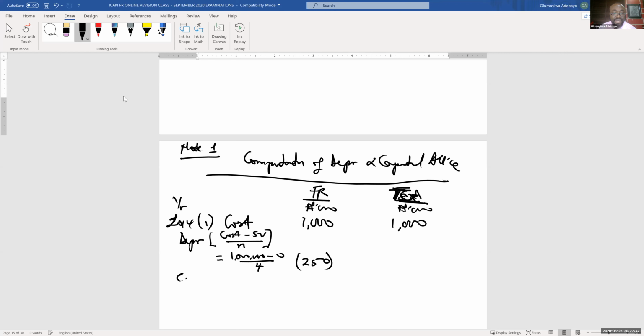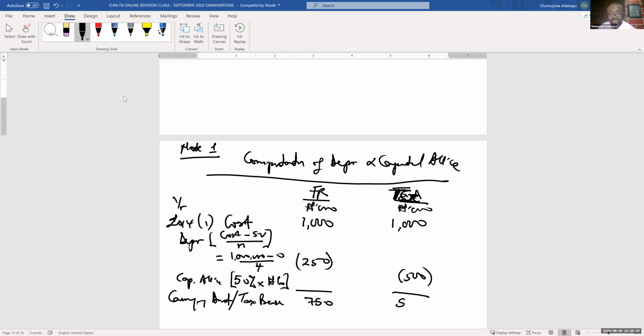Whereas our capital allowance for year 1 is said to be 50% on cost. 50% of 1 million is how much? 500. Invariably, our carrying amount will be 750 as at end of 2014, while our tax base will be 500.